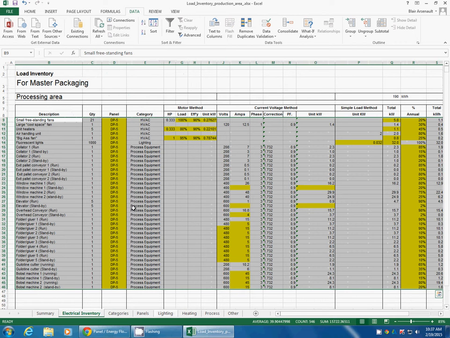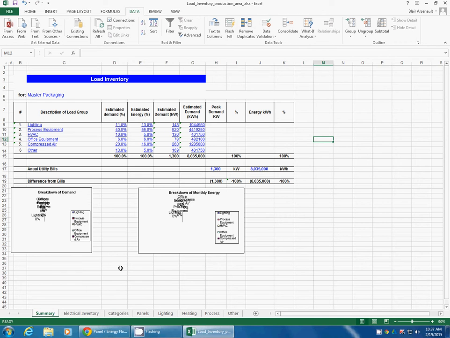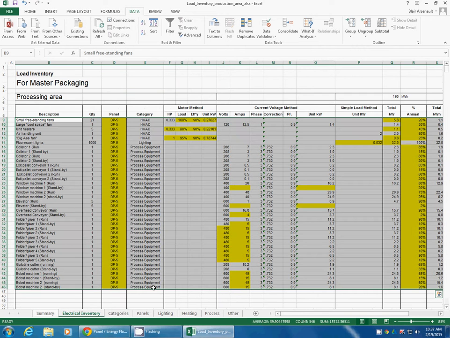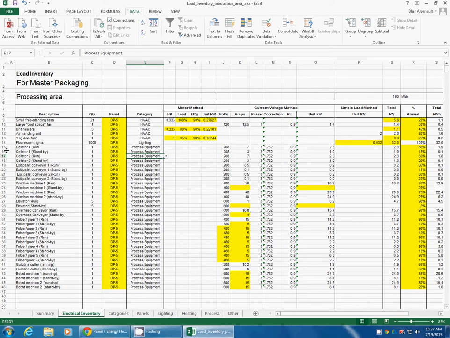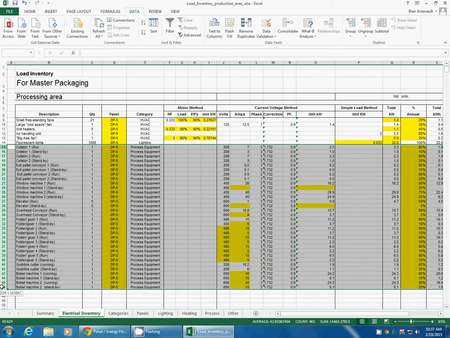Now, knowing all of this, the summary right now is way out of whack. It's not even close to what it's supposed to be. We will update that, but we have to finish this part first. My goal is that when we're all done, we make one big document, and then we go through and sort this by HVAC, lighting, and process equipment. My next step would be to take all of the process equipment, highlight all these down the side, and hit grouping.